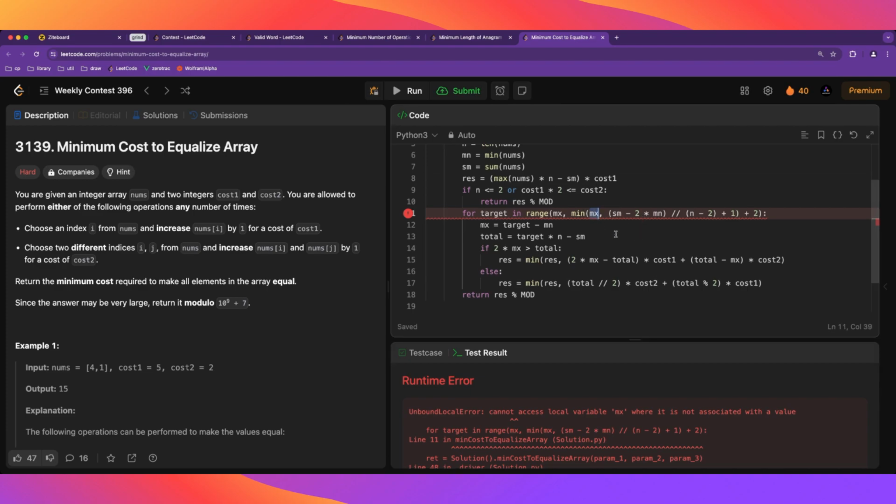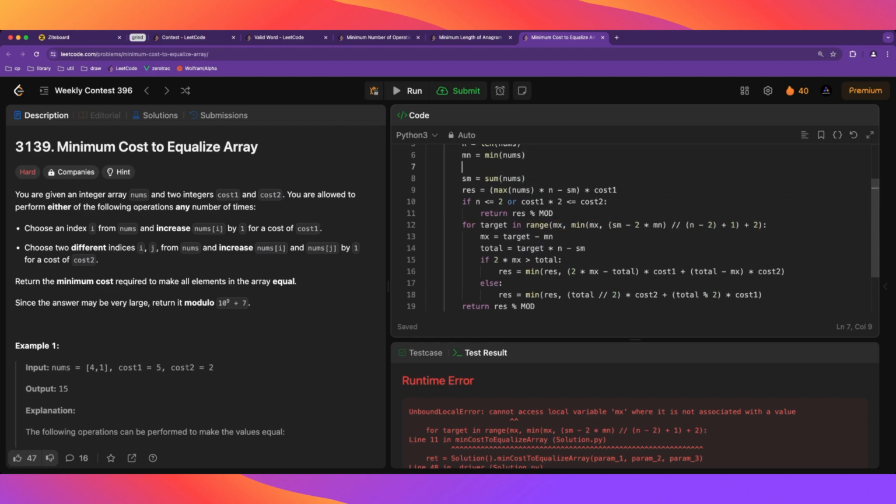And oh, yeah, I guess we have a problem here. Well, let's call this the all max. Well, this is not really the max.